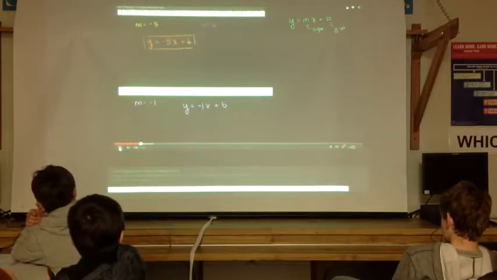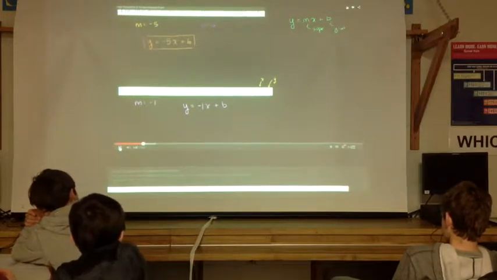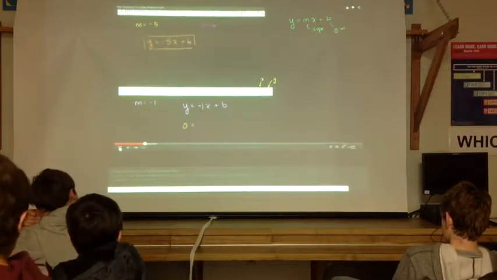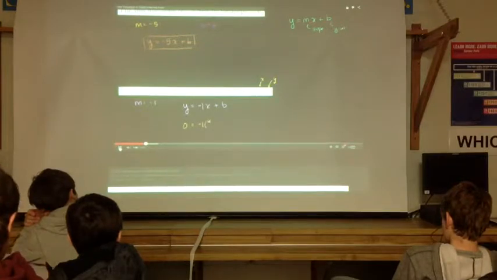The fact that the line contains this point means that the value x is equal to 4/5, y is equal to 0 must satisfy this equation. So let's substitute those in. Y is equal to 0 when x is equal to 4/5. So 0 is equal to -1 times 4/5 plus b.